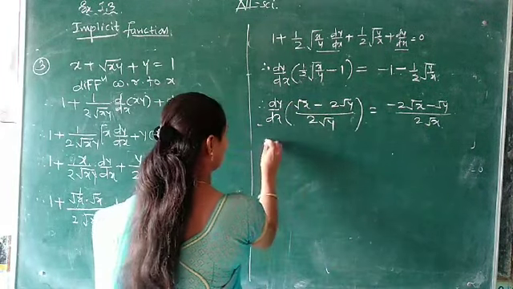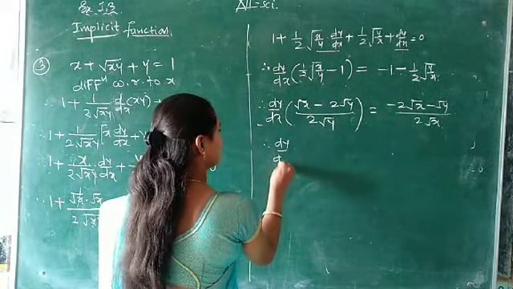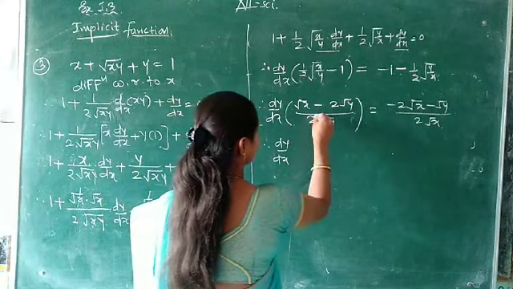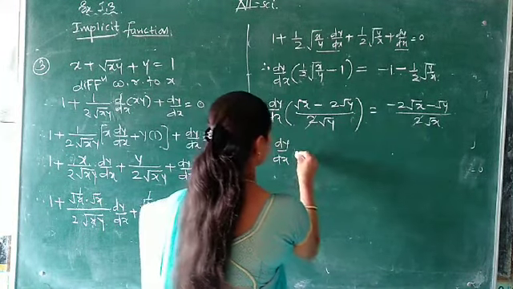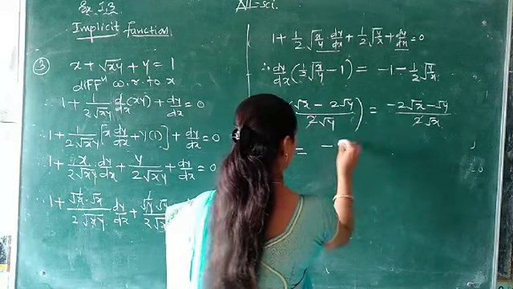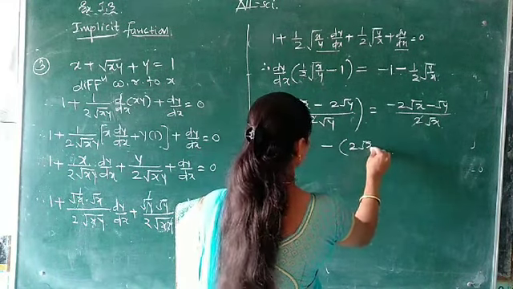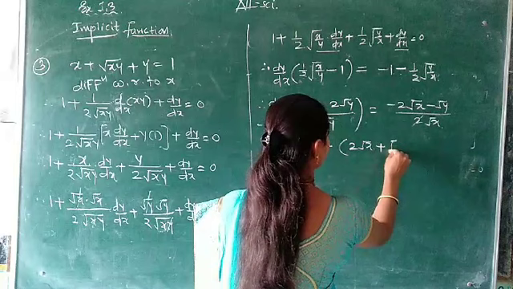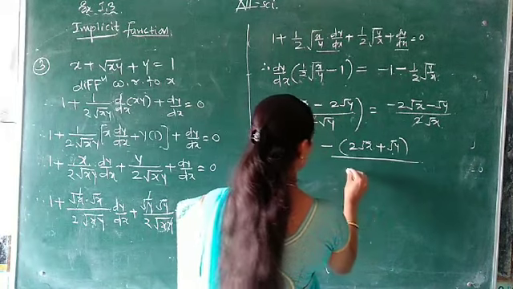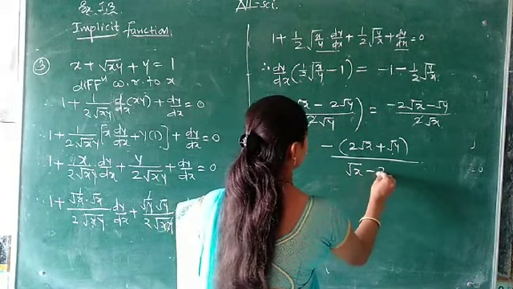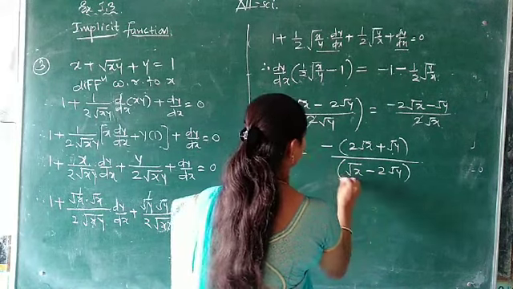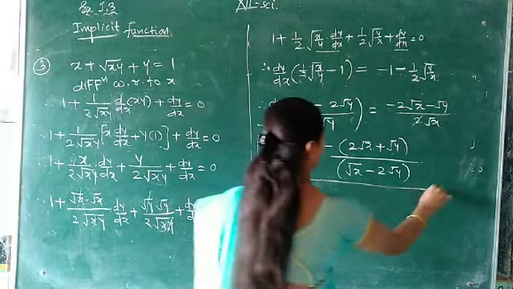By cross multiplication I am writing this dy upon dx. Now here the 2 will get cancelled, taking minus common, this is equal to minus 2 root x plus root y divided by root x minus 2 root y. This is the dy upon dx.